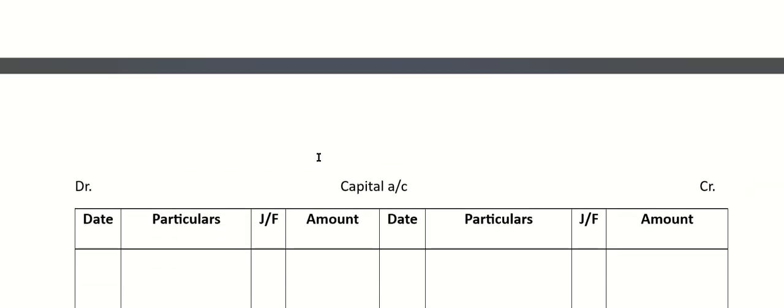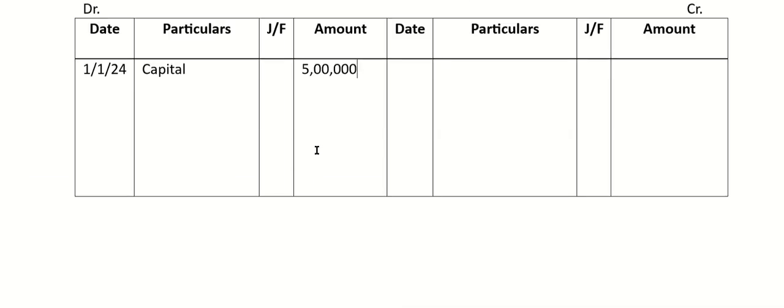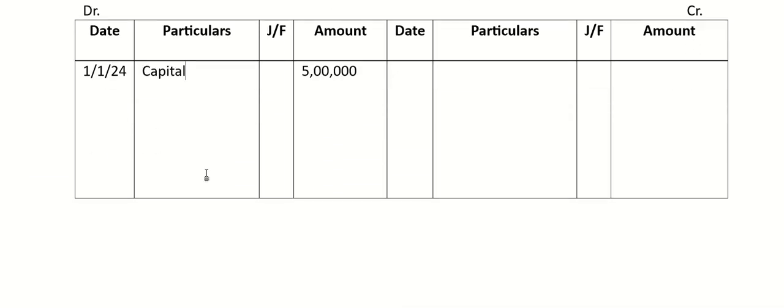Now, at the same time, we are moving to the capital account. Remember, we are following a double entry system, which means we have a dual aspect, debit aspect and credit aspect. Whenever a transaction happens, it will affect at least two items for sure. So we have recorded in the cash account, and the same thing has to be recorded in the capital account also.